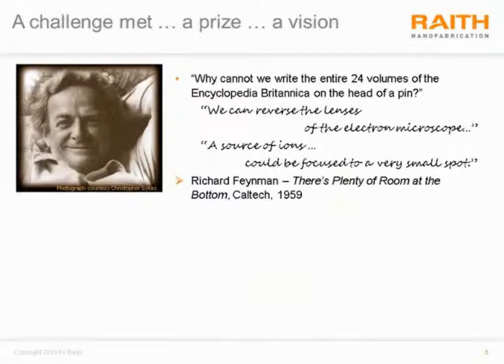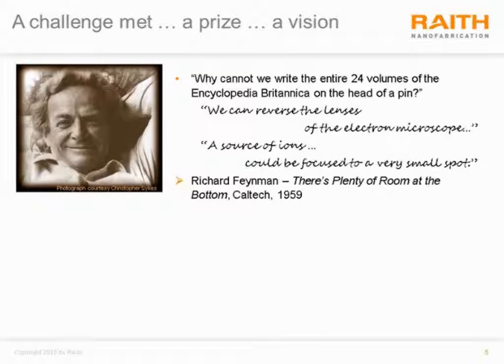The story begins with Professor Richard Feynman of Caltech, who gave a speech in 1959 entitled "There's Plenty of Room at the Bottom." In this speech, he suggested that it would be possible to write the entire 24 volumes of the Encyclopedia Britannica on the head of a pin.